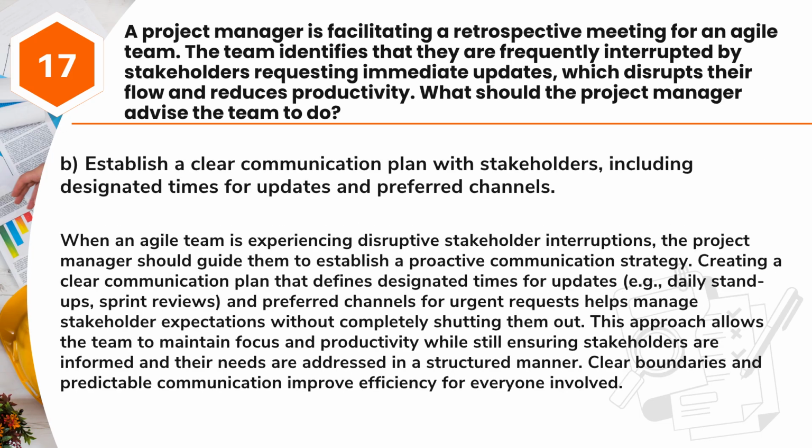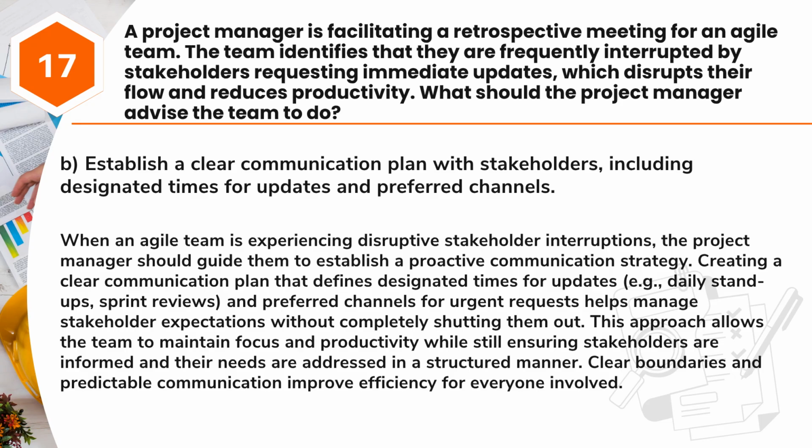Answer: B. Establish a clear communication plan with stakeholders, including designated times for updates and preferred channels. When an Agile team is experiencing disruptive stakeholder interruptions, the project manager should guide them to establish a proactive communication strategy.